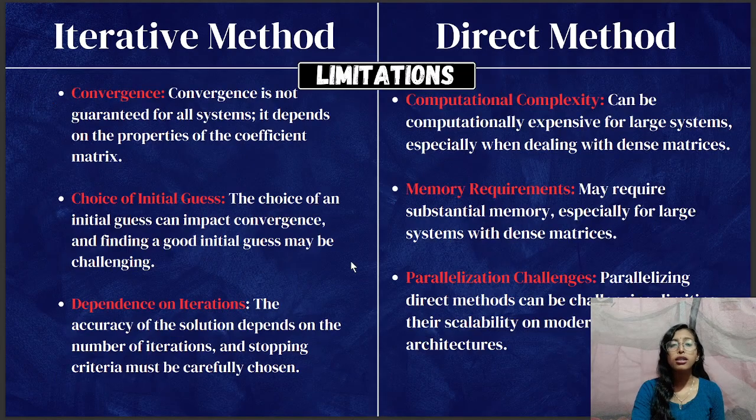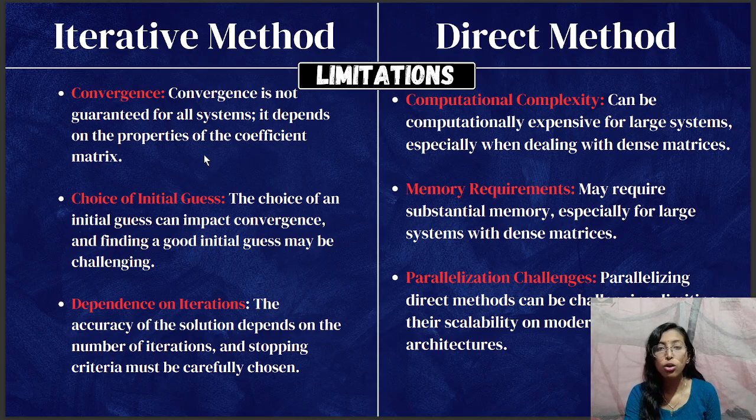Now the third, limitations of both the methods, that is iterative method and direct method. The first point is convergence. Convergence is not guaranteed for all the systems. It depends on the properties of the coefficient matrix. Choice of initial guess. The choice of an initial guess can impact convergence and finding a good initial guess may be challenging.